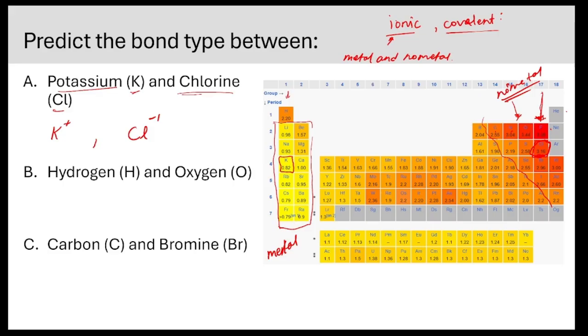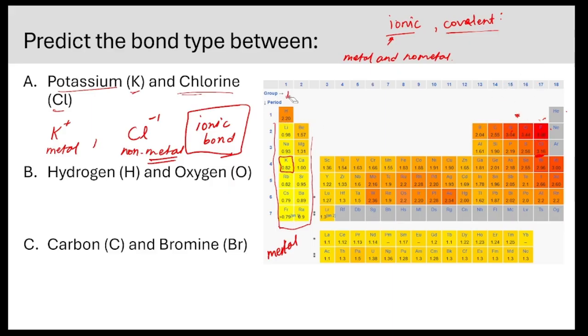Since potassium is a metal and chlorine is a non-metal, we can say that this is an ionic bond. Also please take note that on this periodic table, the number you are looking at here is electronegativity.